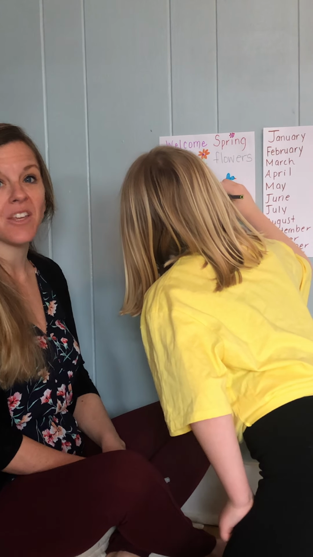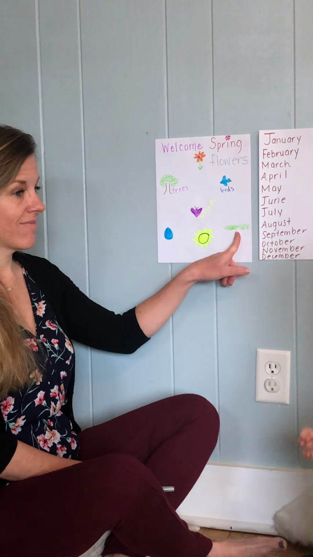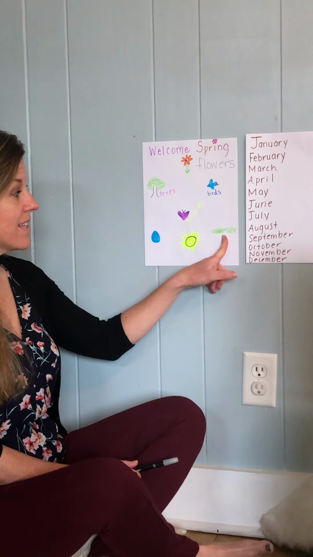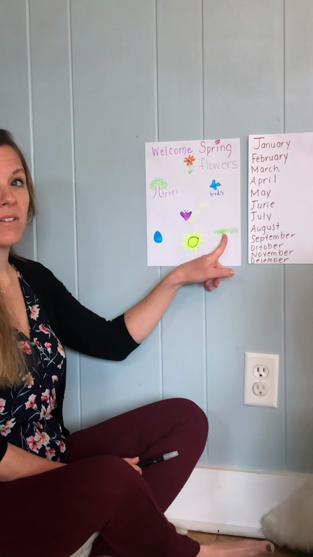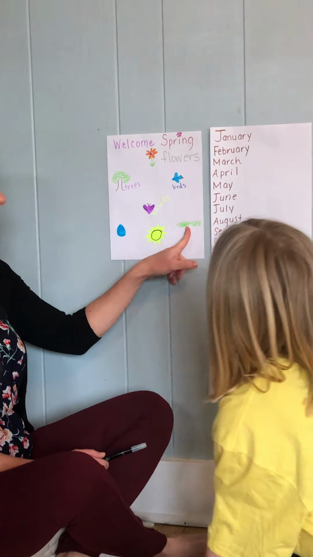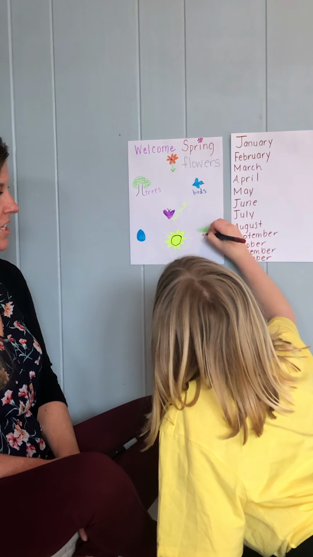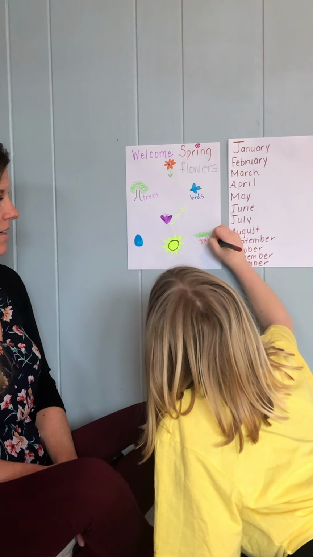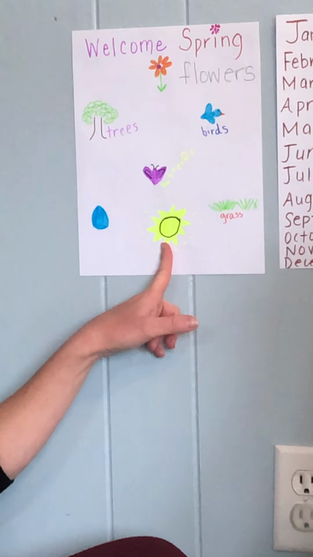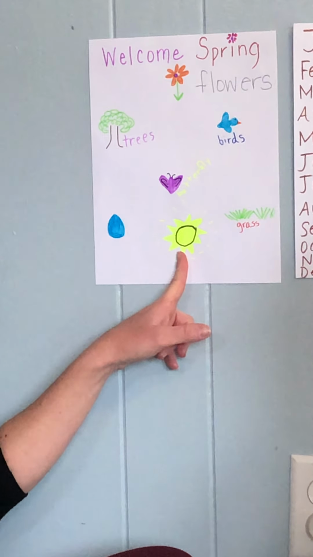So we're adding some labels to our pictures. And you might think of some other things that you could shout out that you might see in spring. Grass. And it's going to start being green grass. So grass, starting with a G. Hopefully we'll see some sun.